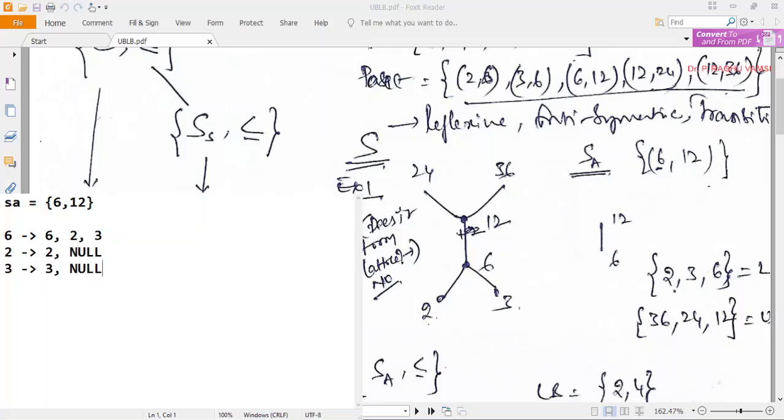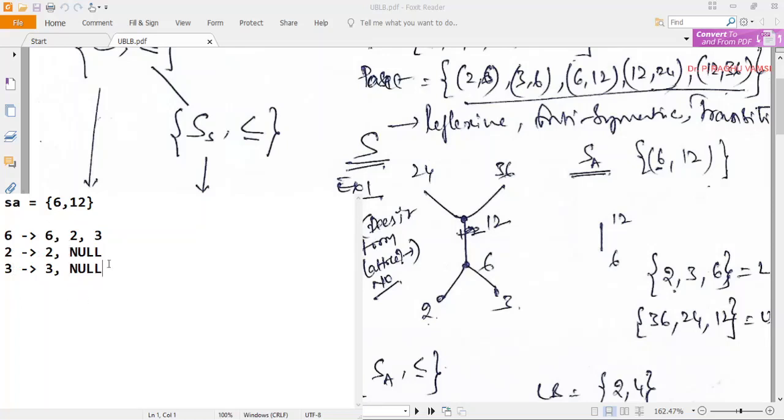So can we compare 2 and 3? We can compare 6 and 2 because there is an edge between 6 and 2. We can compare 6 and 3 because there is an edge between 6 and 3. But we cannot compare 2 and 3, because there is no edge between 2 and 3.